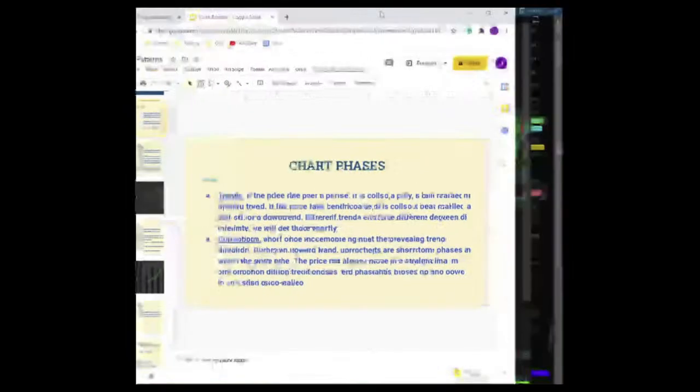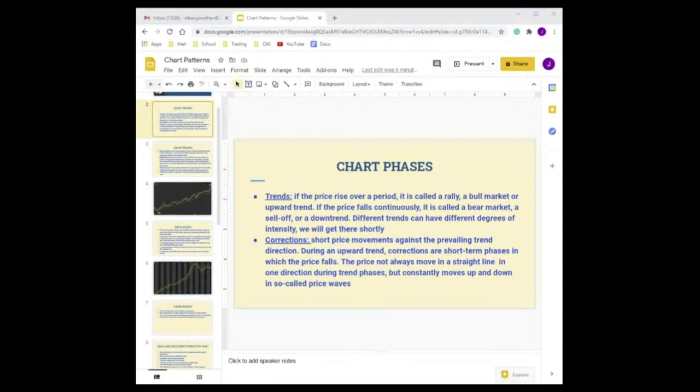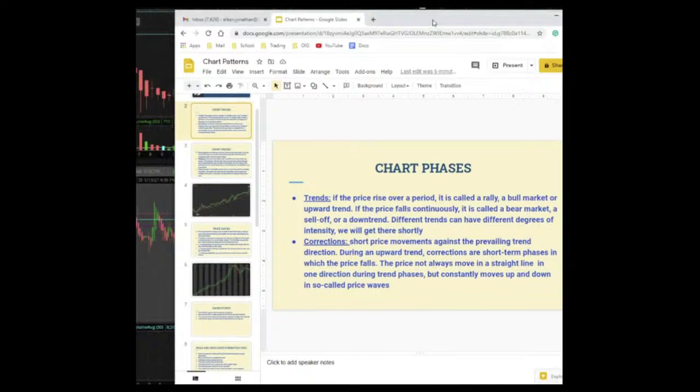So, for example, hold on. Let's put the market here. So you guys see, that'd be a correction here. Why? We have a low here. Oh, you have to switch your screen. It's back to just the presentation.